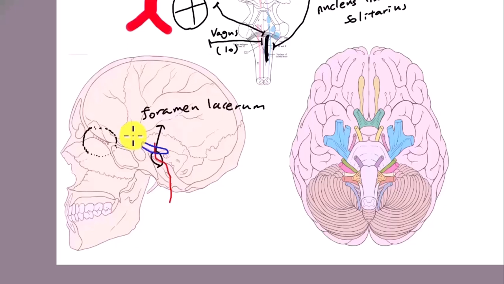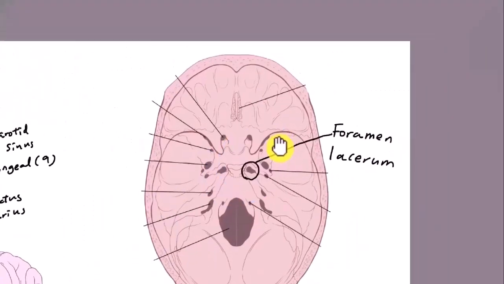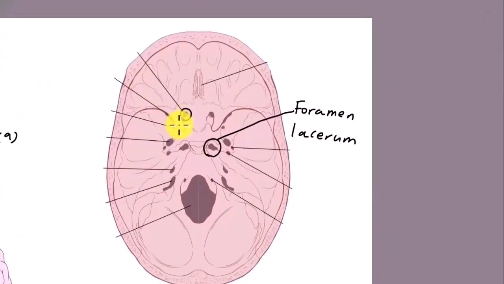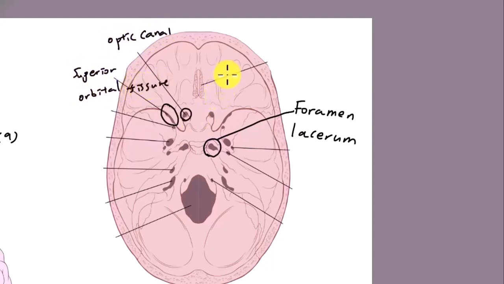To reach the orbital cavity, there are two holes that link the orbital cavity to the cranial cavity. One is the optic canal and the other one is the superior orbital fissure. And let me show you that. This over here is the optic canal and this over here is the superior orbital fissure. And roughly around this area is the orbital cavity. So there's a link and there's a link.